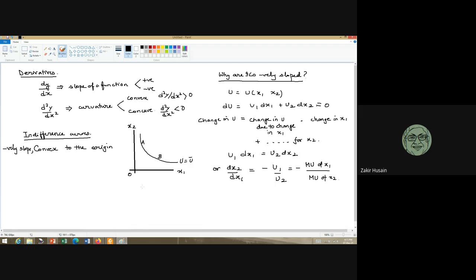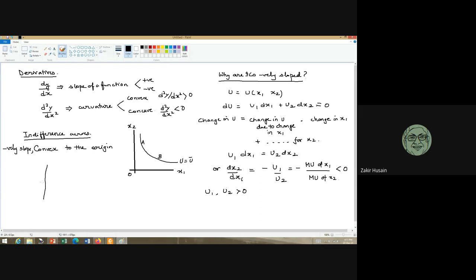Now the assumption that we follow is the marginal utility is positive. So therefore, this will be negative. And intuitively also, you can justify why it is negatively sloped.